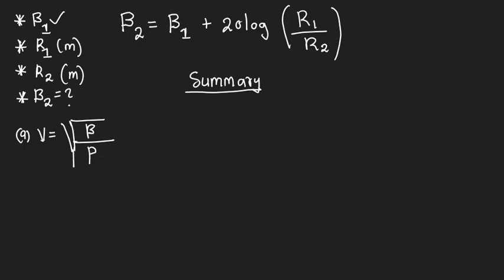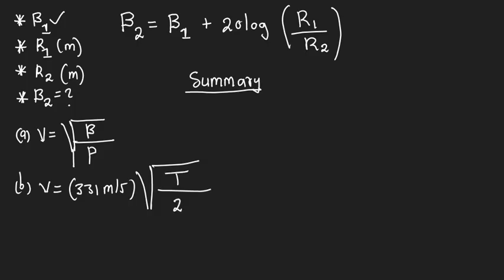The speed of sound in air will always be 331 meters per second multiplied by the square root of the temperature over 273 kelvins.